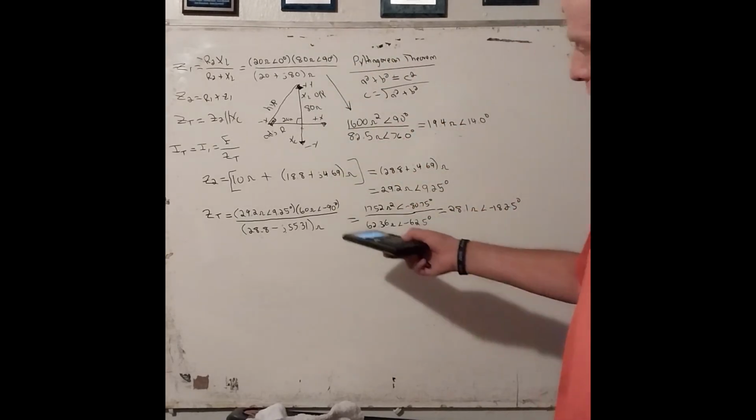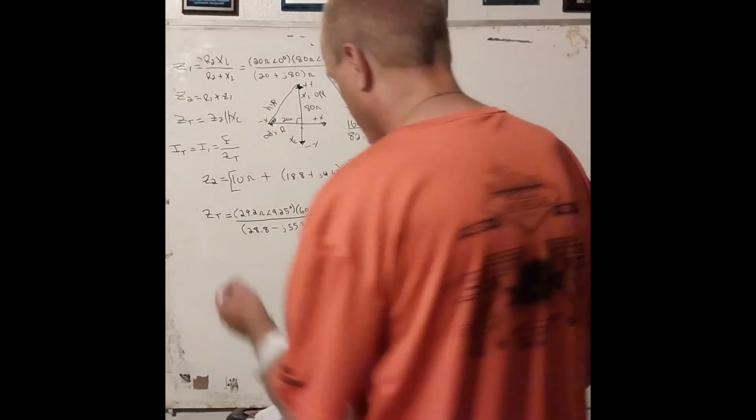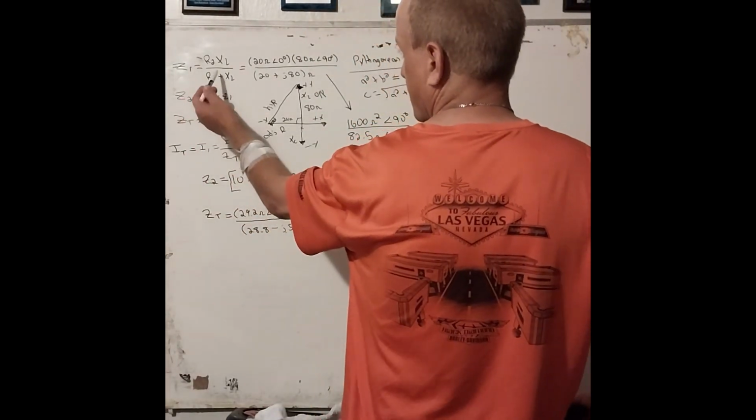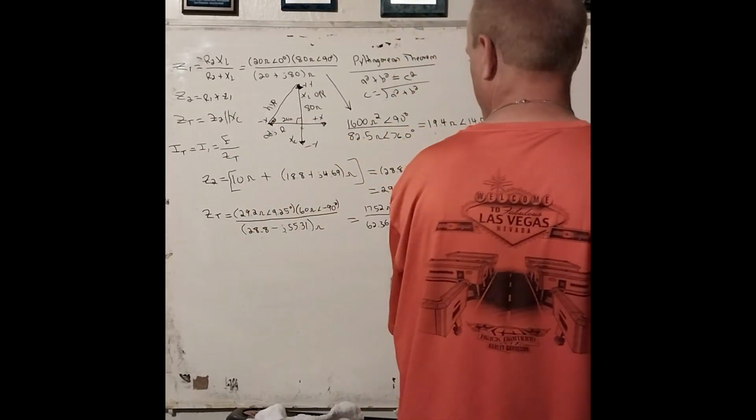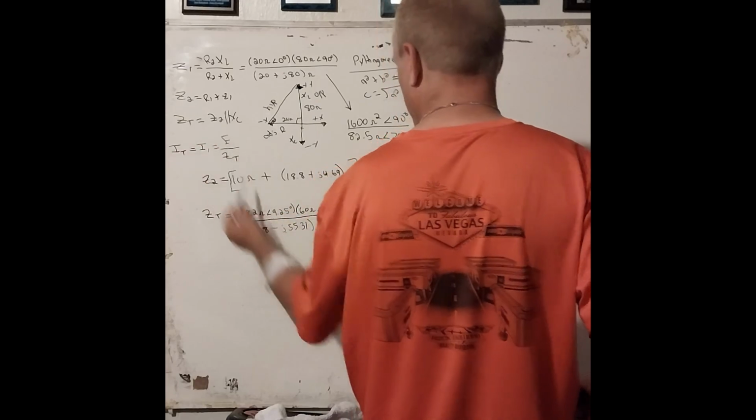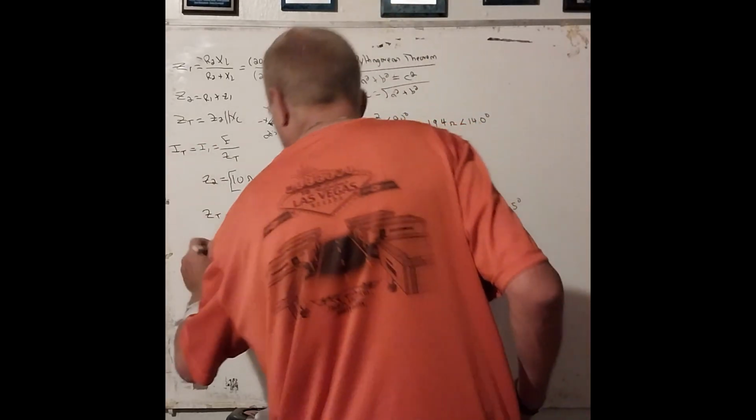All this just to find the total current. Now we can find total current. We did this first, right here. Then we did this, right here. And then we did this, CT, right here. Now we're going to find IT.